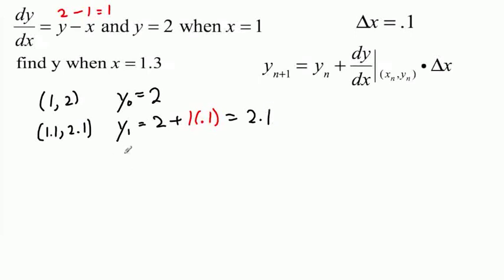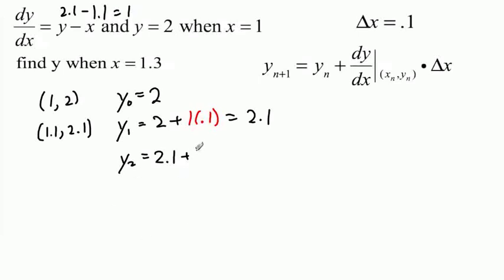So then I'm going to go to the next one, which is going to be y2, which is going to be my last y, plus the derivative at that point. So the derivative at that point is going to be 2.1 minus 1.1, which ends up being, well, 1 again.